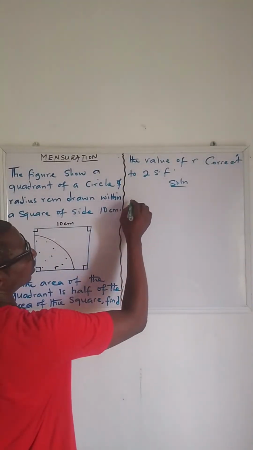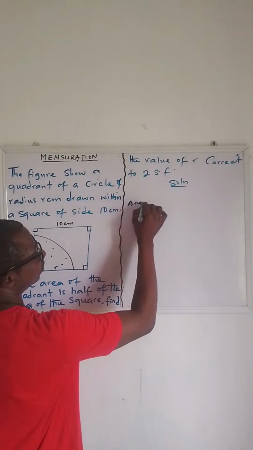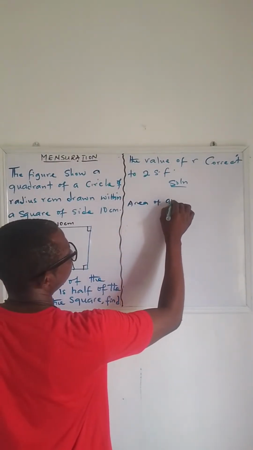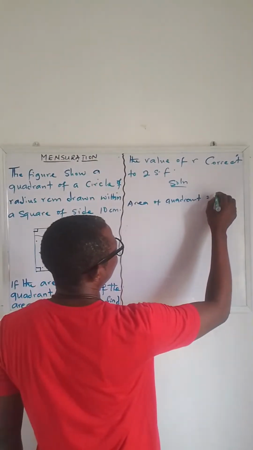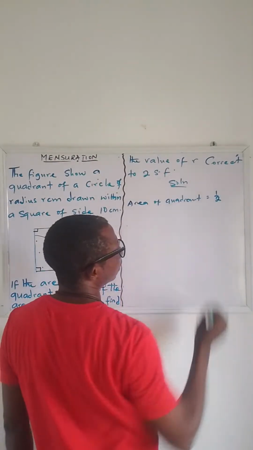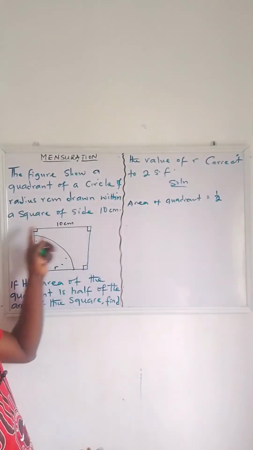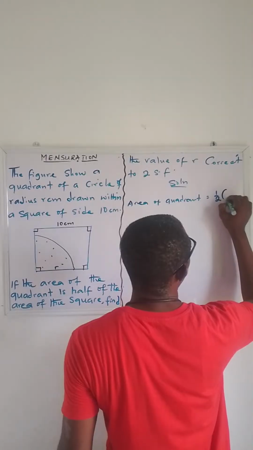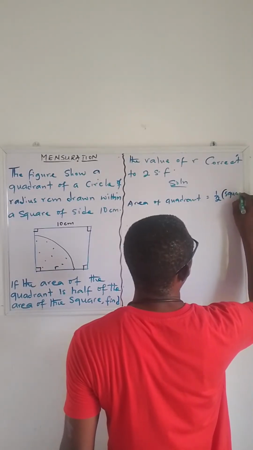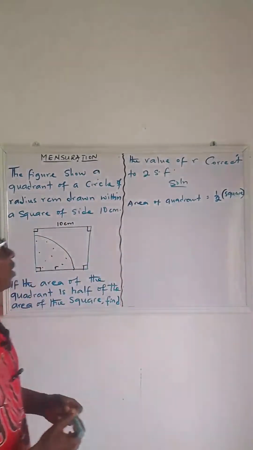Area of quadrant is equal to half of the area of the square. And that's what the question is talking about. Can you see?